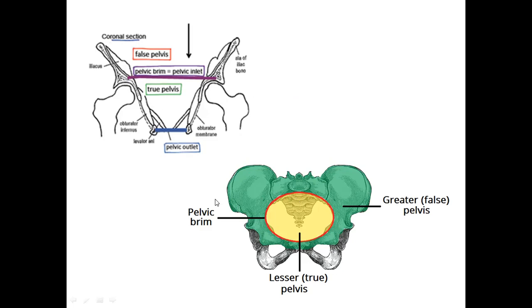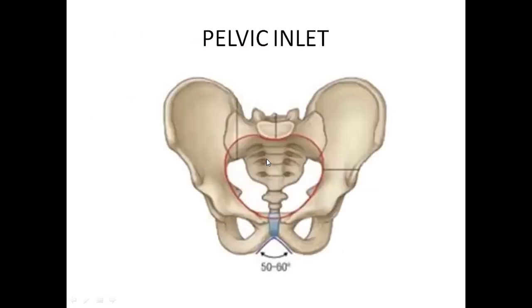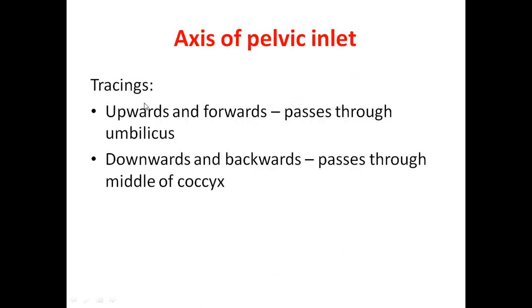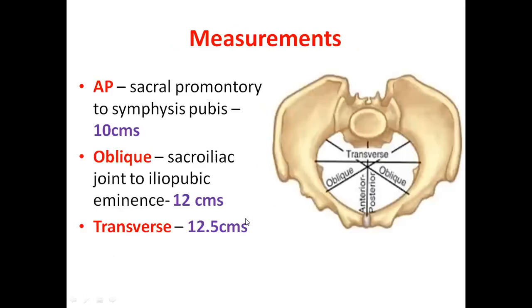If you measure here, it is 26 centimeters. So this is the pelvic inlet, where you find the sacral promontory and the iliopubic eminence coming towards the pubic symphysis. The axis of the pelvic inlet, upwards and forwards, passes through the umbilicus. Downwards and backwards, it passes through the middle of the coccyx.